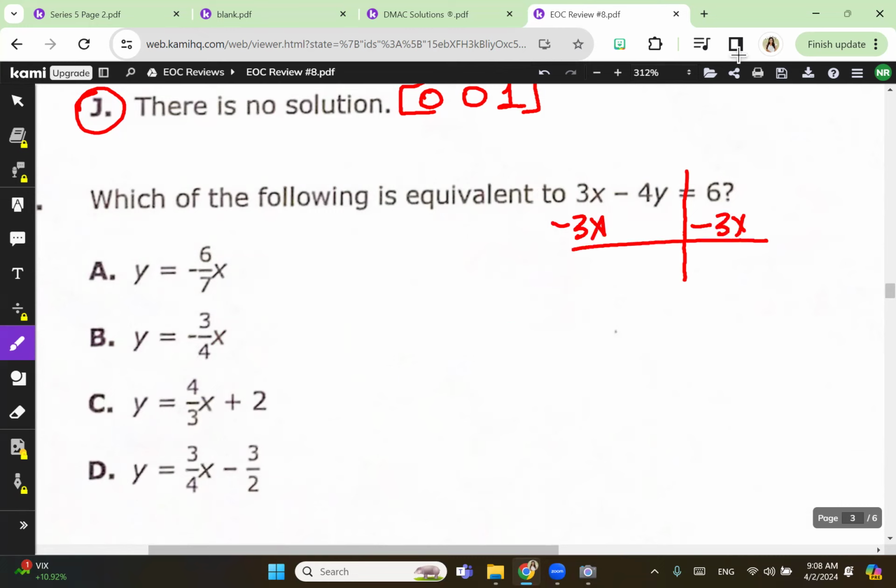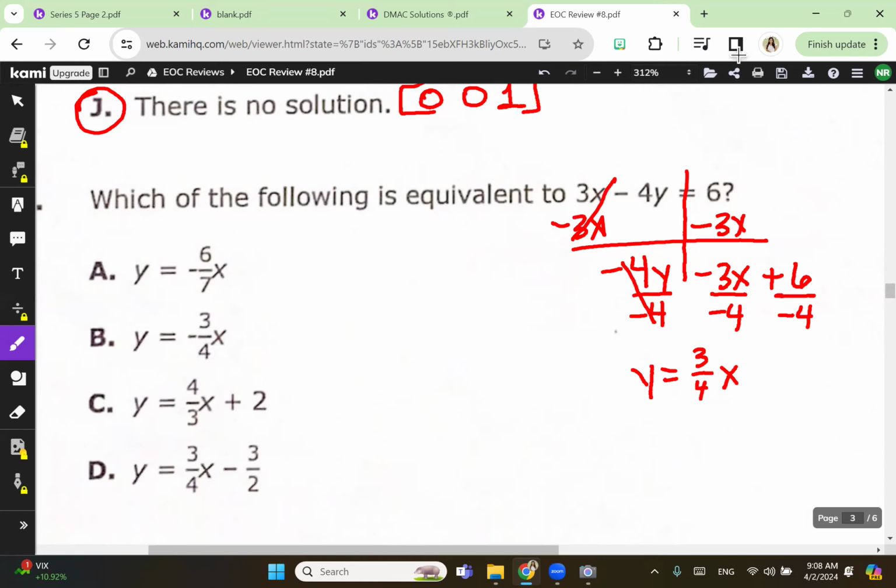Remember, in slope intercept form, you want the 3x to come first. And then you divide by negative 4. Negative 3 divided by negative 4 is positive 3 over 4. 6 divided by negative 4 is negative 3 over 2.